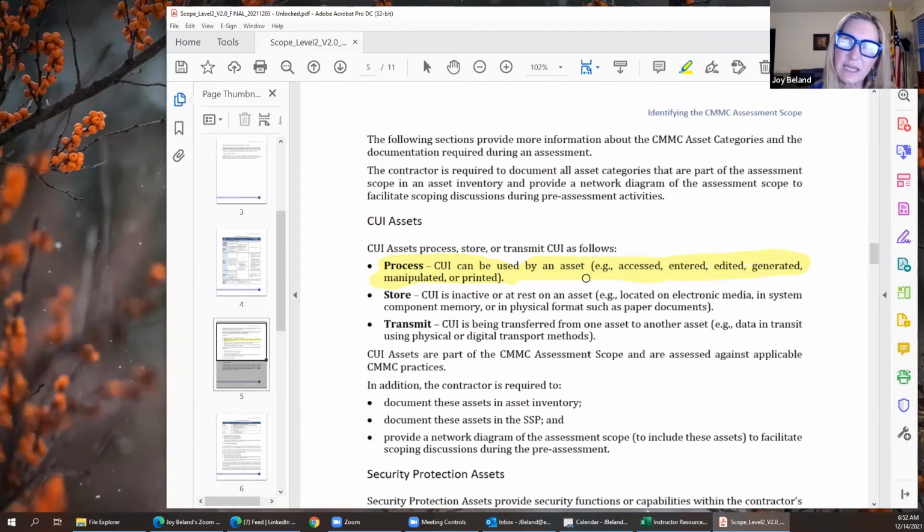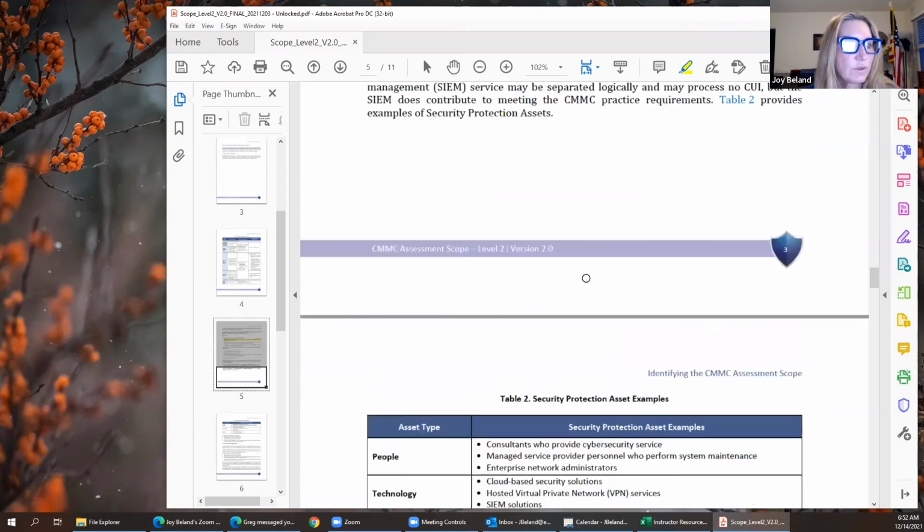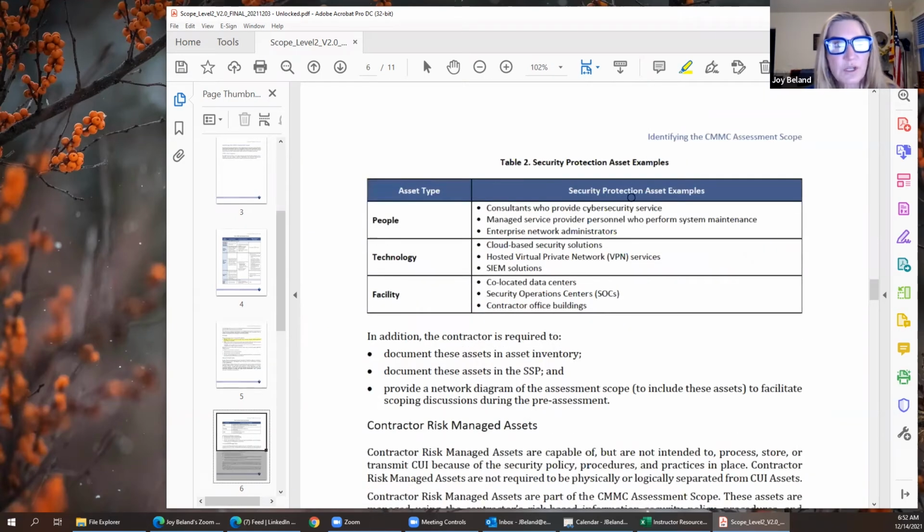But it's not just the MSP. It's the MSP vendor community that's going to have a role in this. If we go down to the description of the security protection assets, for example, we've got SIEM solutions. We've got the Security Operations Center, often outsourced by MSPs to other MSSPs or vendors, security vendors in the space, the people who do this, consultants who provide the cybersecurity service, right?